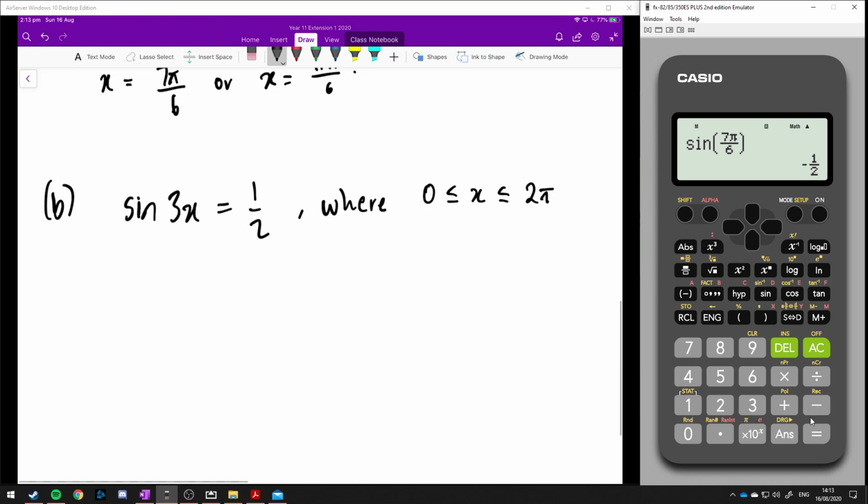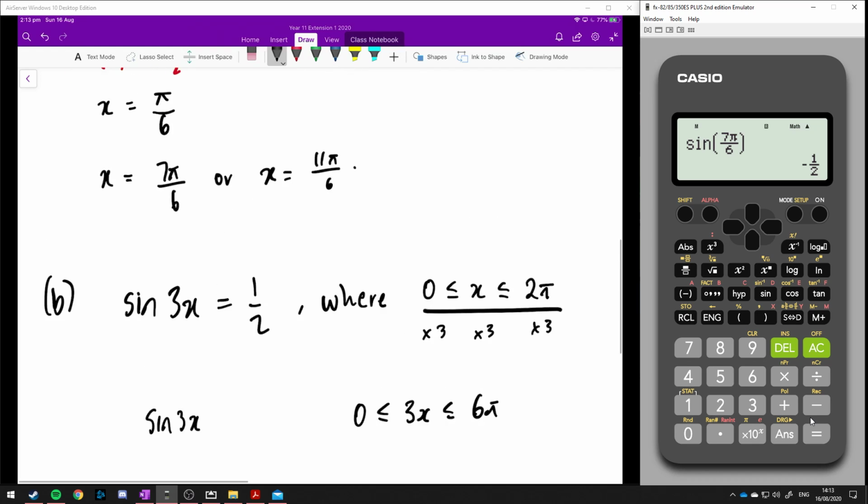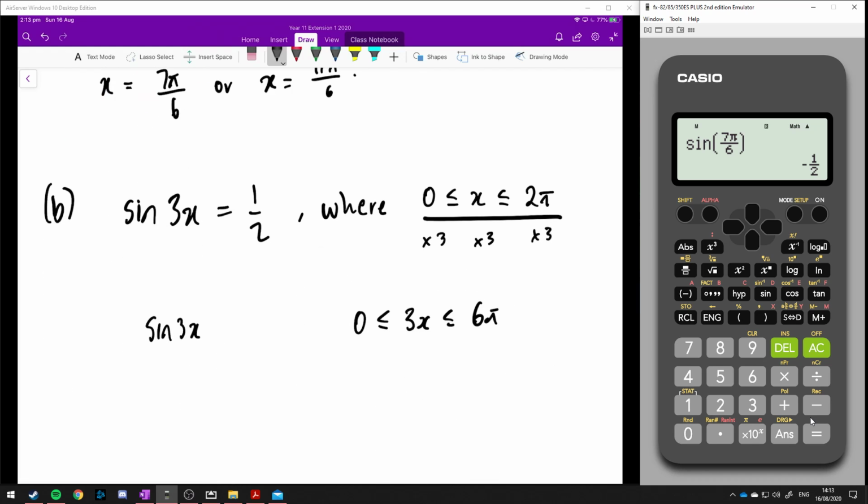So to find the domain for 3x, we simply multiply the condition by 3. Because we want x between 0 and 2 pi, for 3x we're looking between 0 and 6 pi. If we multiply all these by 3, we get our new domain. So sine 3x equals a half in that domain.